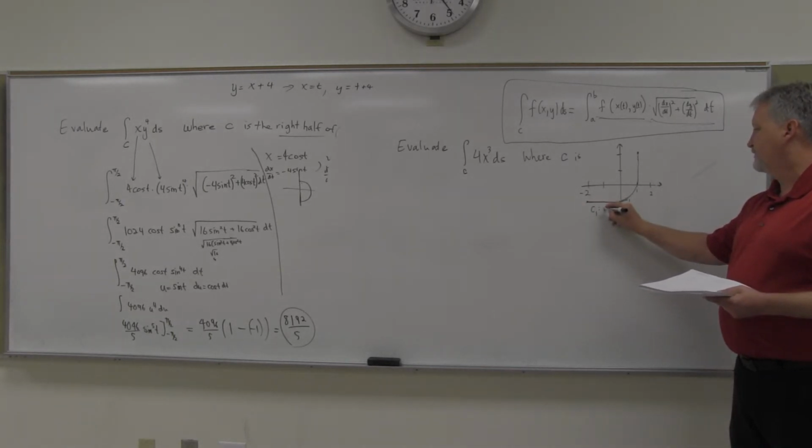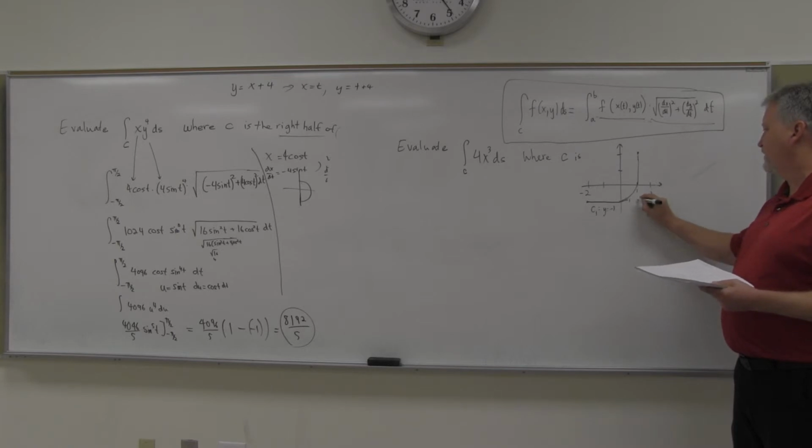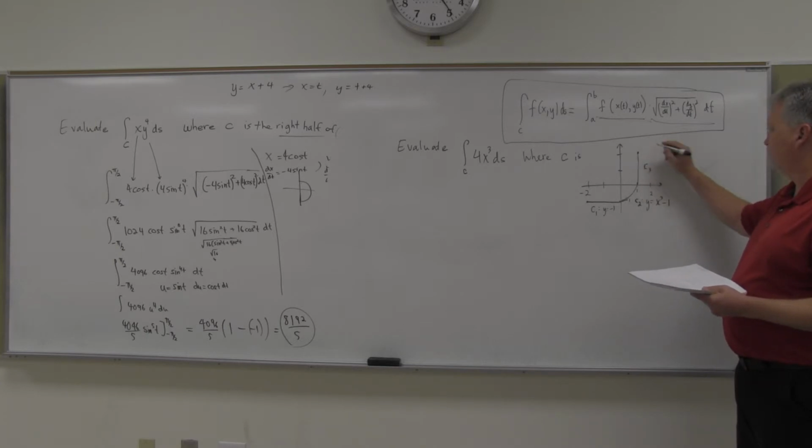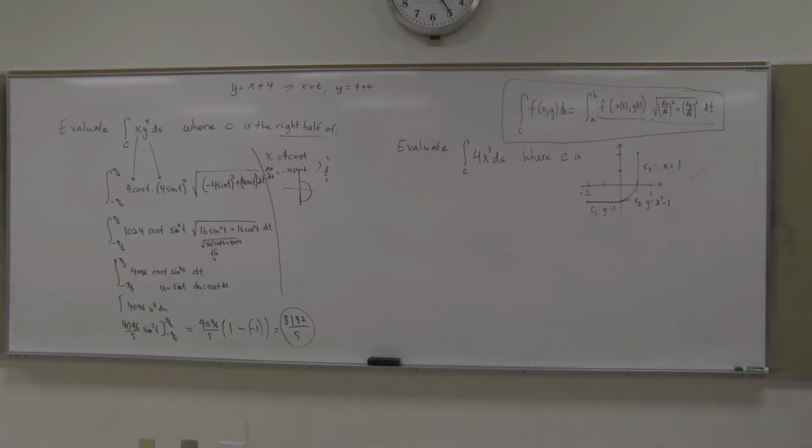It's y equals negative 1. This curve, you can't probably tell, but C2, part of C, that's going to be y equals x cubed minus 1. And then C3, well, C3 is just a vertical line, it's x equals 1. Okay, so we can have 3 different parts, or other number of parts. Is the example here I'm showing.